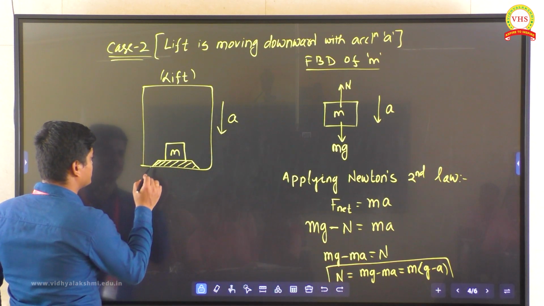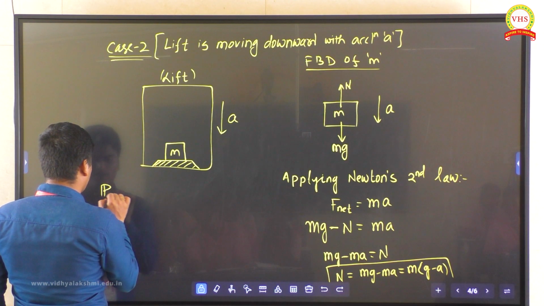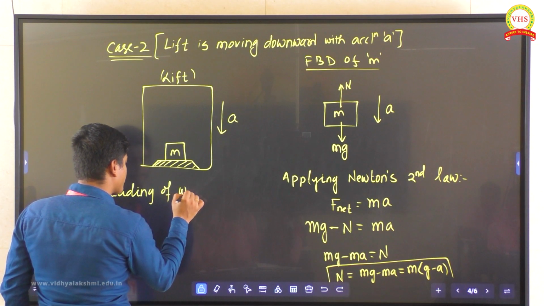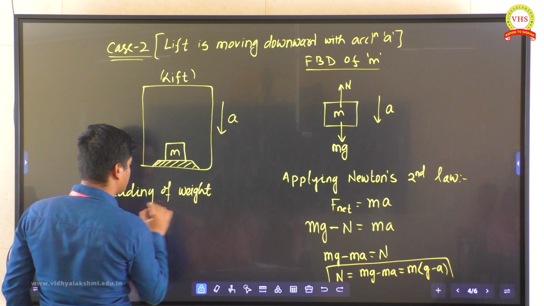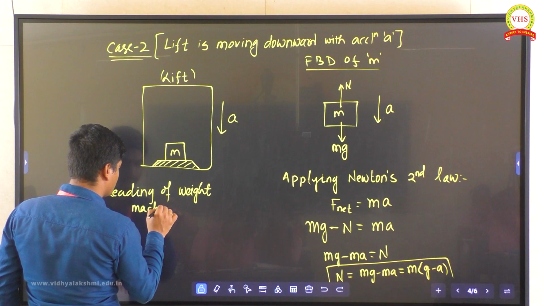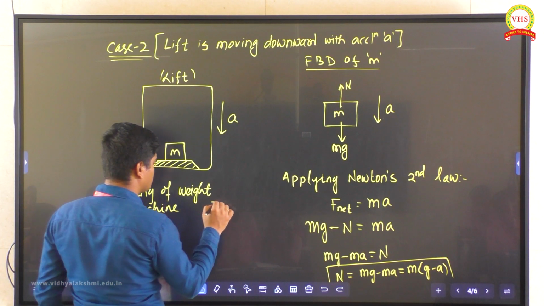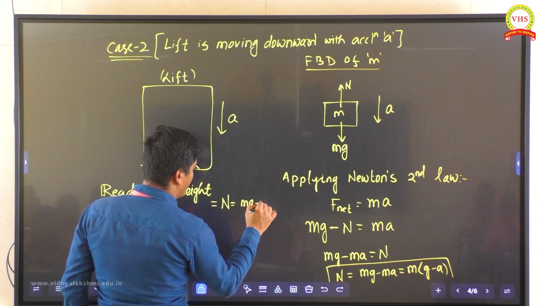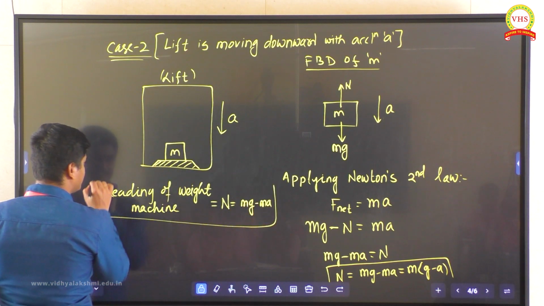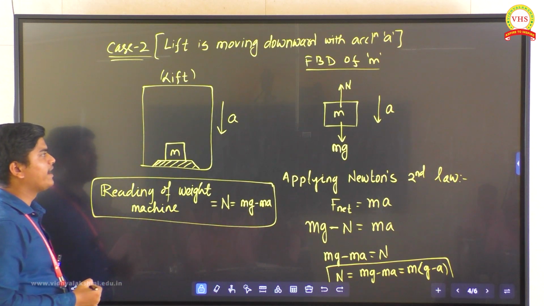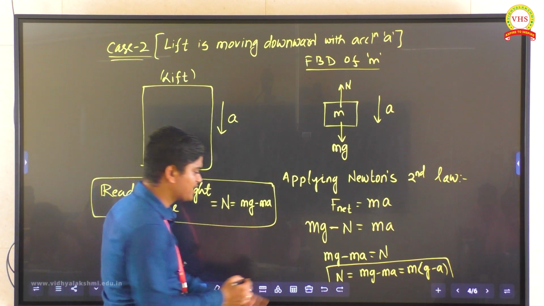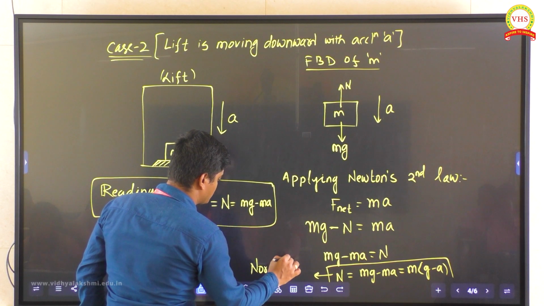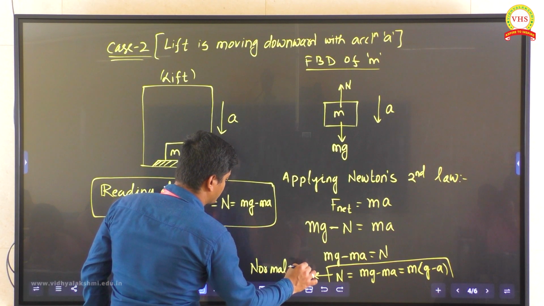If you want to write here, this is the weight machine, suppose. The reading of the weight machine is nothing but N, which is mg minus ma. Or if you want to find the normal reaction also here, this is the normal reaction between what and what?